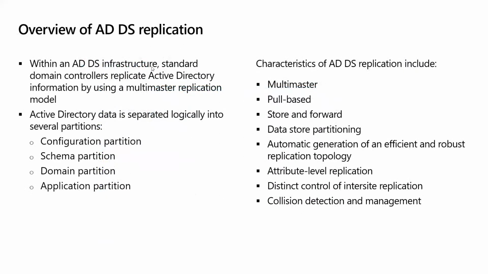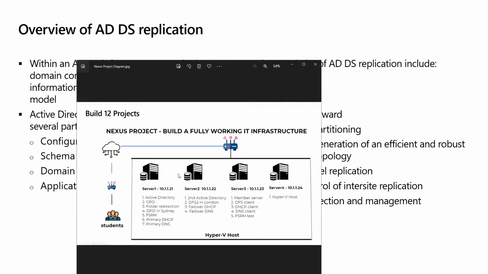Overview of replication. Within Active Directory, standard DCs replicate AD info by using multi-master replication models. How do they propagate the database? As I mentioned a while ago, we're going to have two Active Directory, one on server 1, the second AD on server 2.